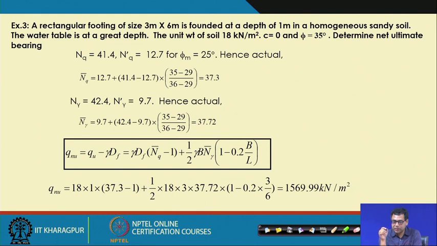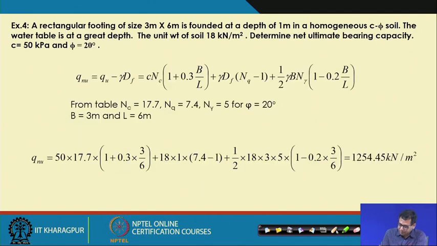In this case, first we will calculate the Nq and N gamma corresponding to the actual phi, that is 35 degrees. Then we can get the phi m for the local shear failure, as I discussed in the previous problem, and that phi m we are getting here.